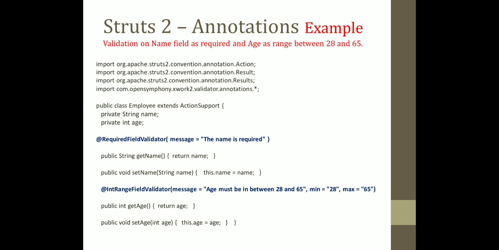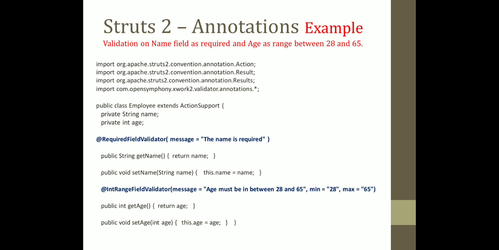Then we have created a public class named Employee that extends the ActionSupport class, and two variables: a String name and an int age.